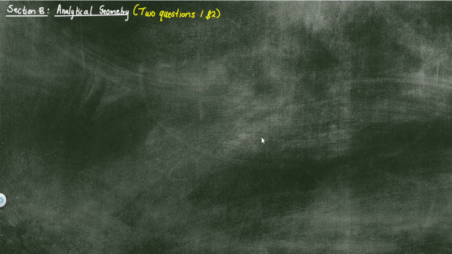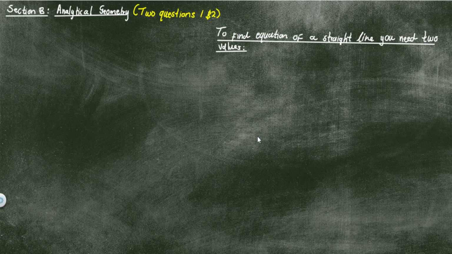Okay, but before we start, I just want to mention a few things, more especially regarding straight lines. To find the equation of a straight line, you need two values, right? As you'll see, or if you have noticed, all of the problems have a tangent.